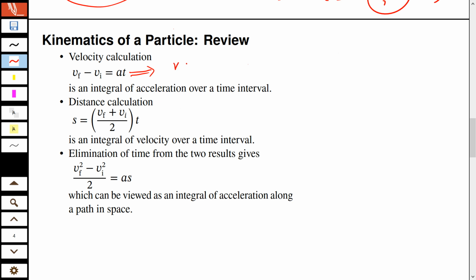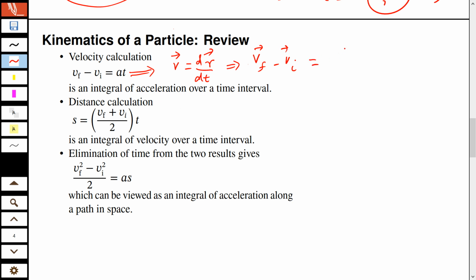Velocity, if I take the vector, is the derivative of position. So how would you solve this equation to find a change in velocity, v final minus v initial?